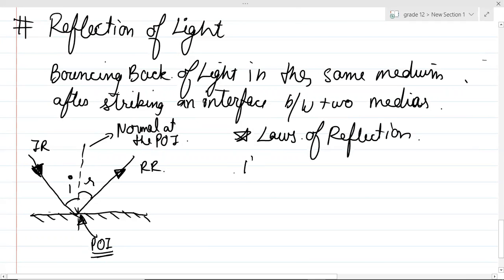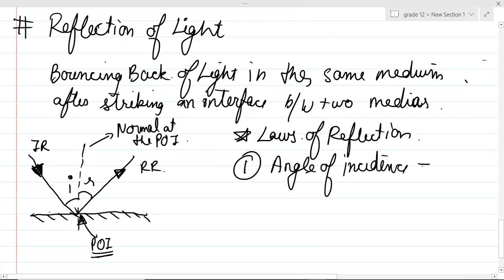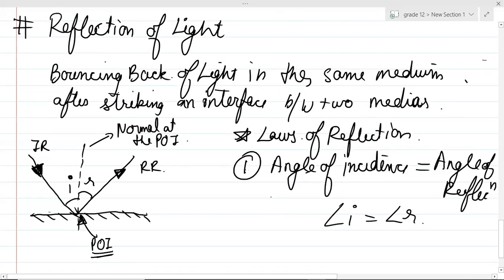I'm doing this part fast so that at least this gets clear. This basic part I'm not explaining in much detail, right? Now, first law of reflection: angle of incidence is always equal to what? Angle of reflection, always, it's a law. So angle i should always equal angle r.